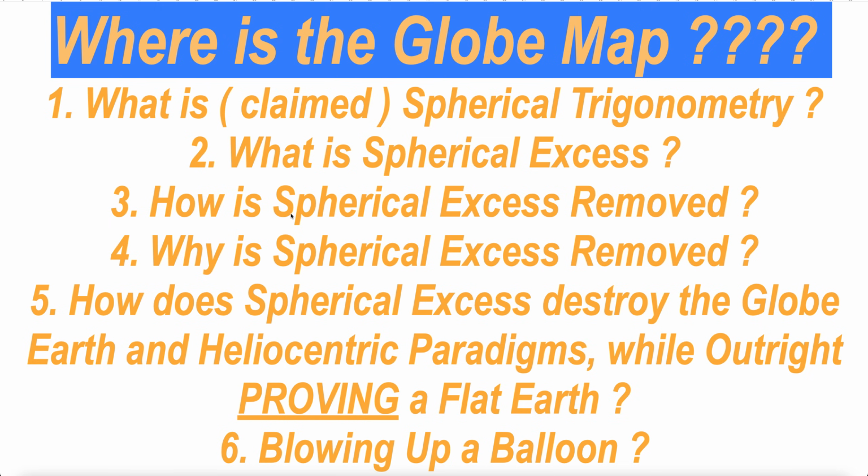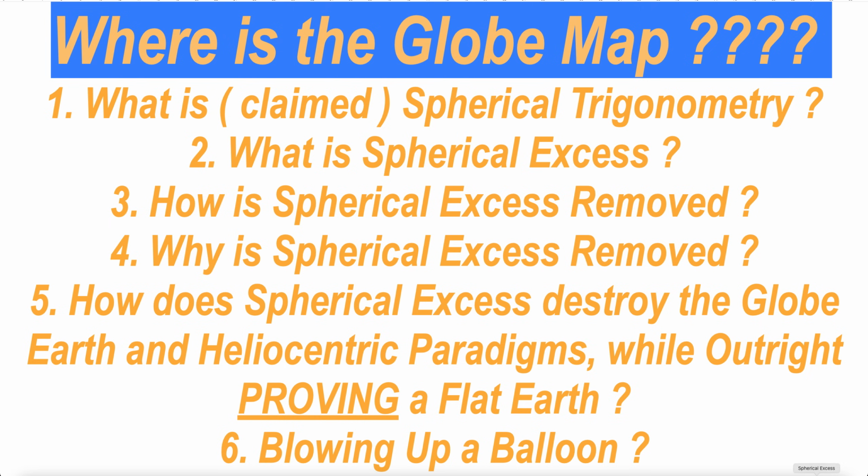So now we go on to why is spherical excess removed? How was spherical excess removed? We just showed how the formula works. Why is spherical excess removed? They remove it because they want to end up back at a triangle again. Why do they want to do that? They have to do it.